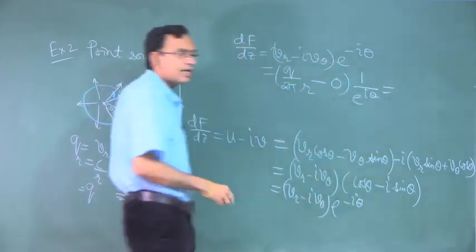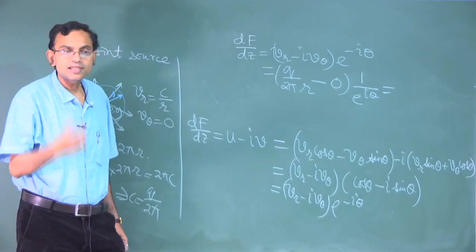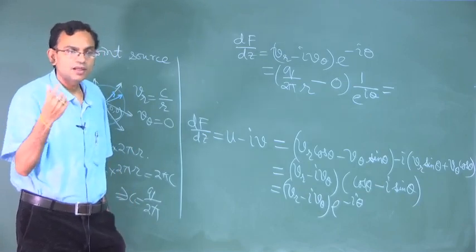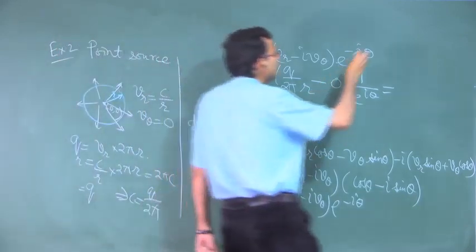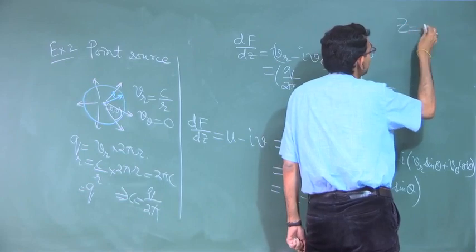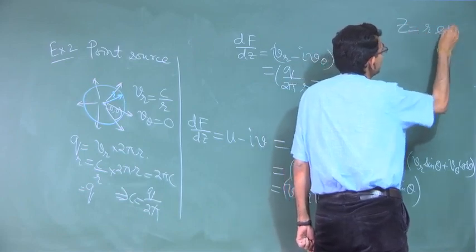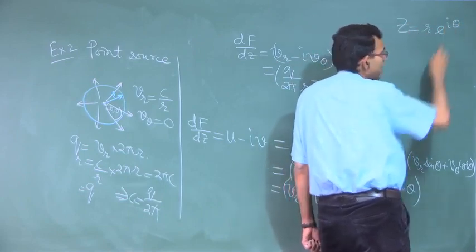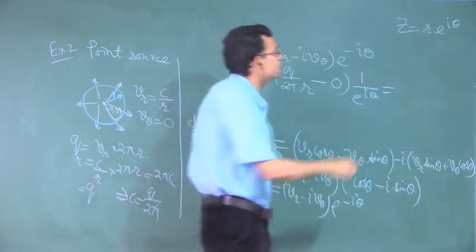Now, what is r into e to the power i theta? That is the complex number z, right. The equivalent representation of the complex number in the r theta plane is, because e to the power i theta is cos theta plus i sin theta.